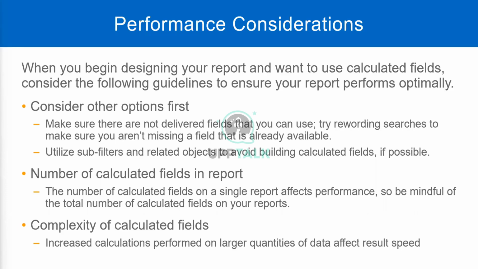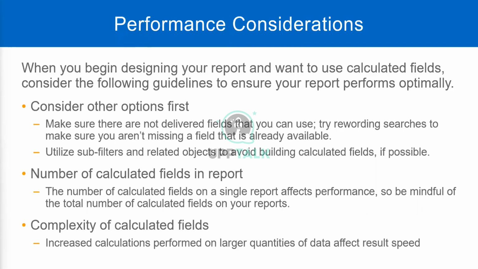Make sure that there are not delivered fields that you can use. And if there is a delivered field already, why not use that? Maybe it's a Workday delivered field. It's just that we are not able to find it. But yeah, try with different names. Try rewording your searches.